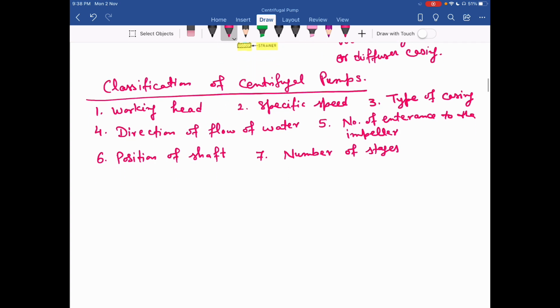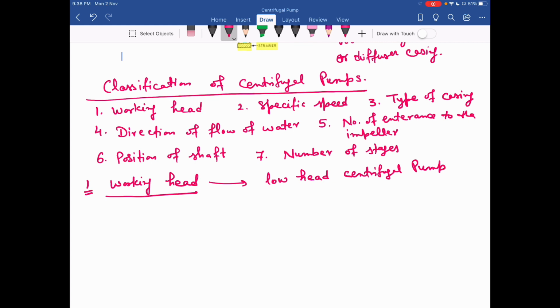Now, the first classification is on the basis of working head. So, on this basis, we have three different types of pumps. One is low head centrifugal pump.